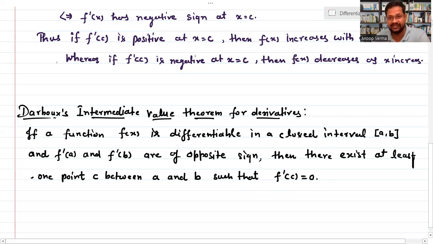Okay, so there exists at least one point C between A and B such that the derivative at that point is equal to 0. So then definitely we will be able to find a point C.